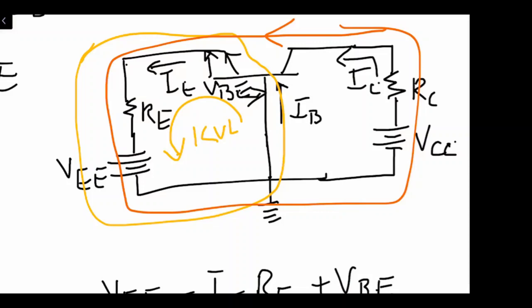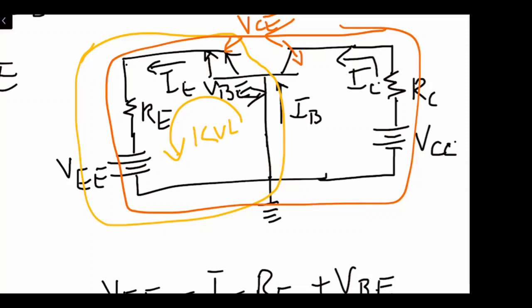So in the outer loop, if you see what I have marked, we have the potential across the collector emitter junction as VCE. Also I have a drop in the emitter leg as IE RE. Then I have the biasing source VEE.